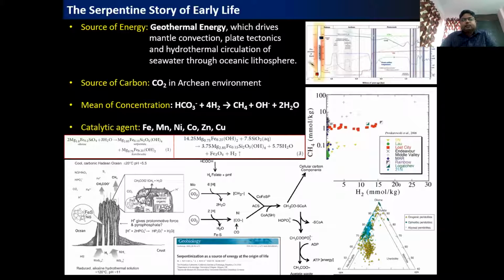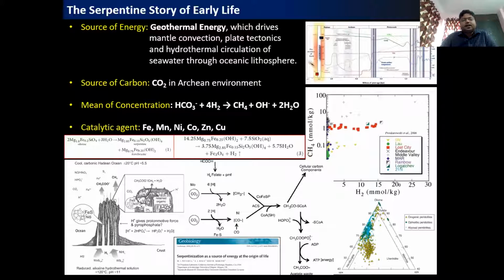To understand that, as I said earlier, we have to answer these 4 questions. What is the source of energy? As is very prominent from these results, in these locations the source of energy was geothermal energy. And what was the source of carbon?